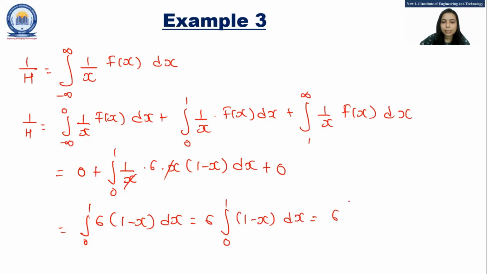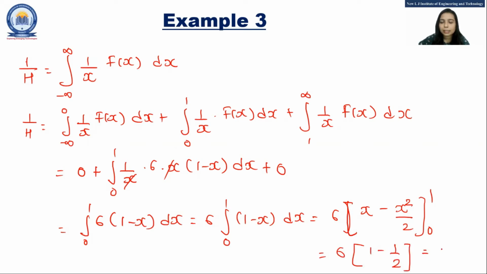That is equal to 6 into x minus x squared divided by 2, 0 lower limit and 1 is the upper limit. So 6 into 1 minus 1 by 2, that is 3. So 1 by h is equal to 3. So we can say that h is equal to 1 by 3.